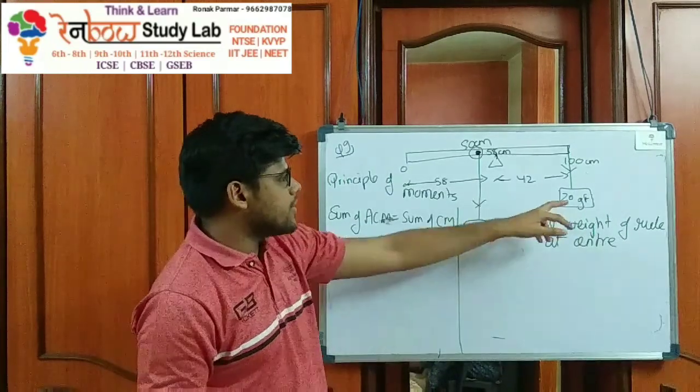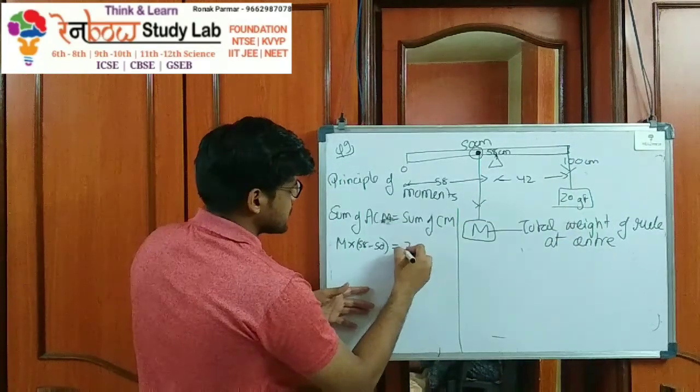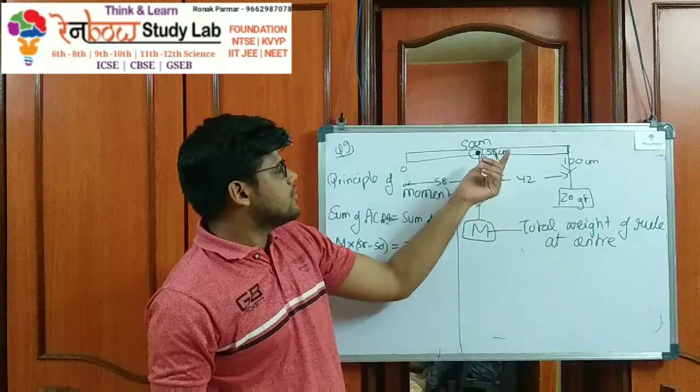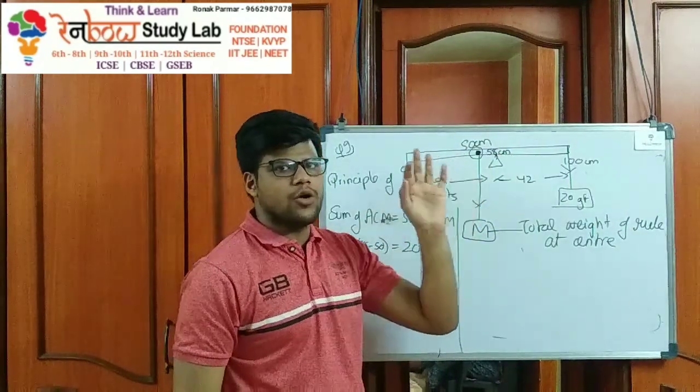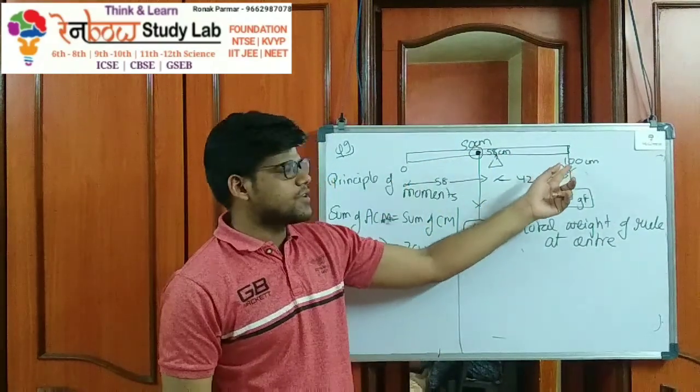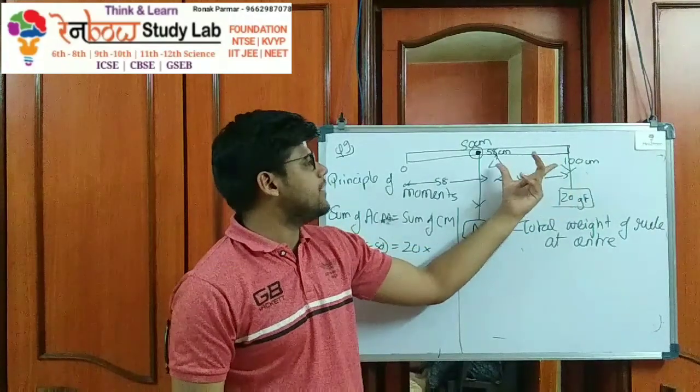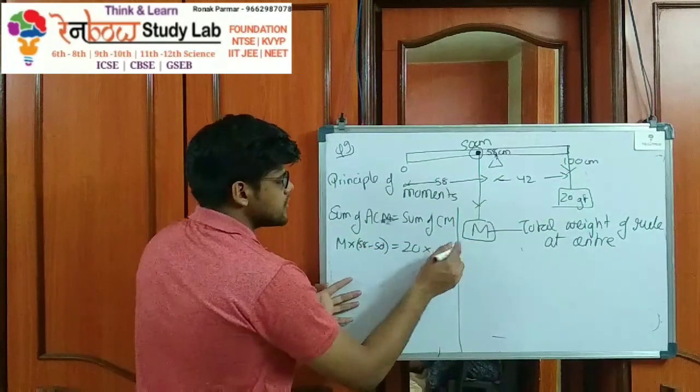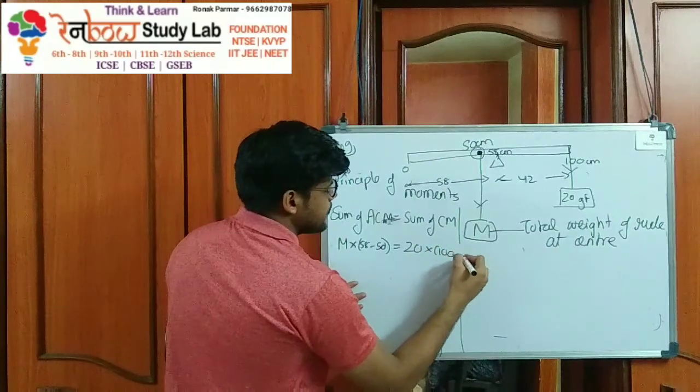And clockwise moment, your weight is 20 and distance, don't take 50, your pivot point must be taken. Weight is applied at 100, and pivot point is 58. So distance will be 100 minus 58.